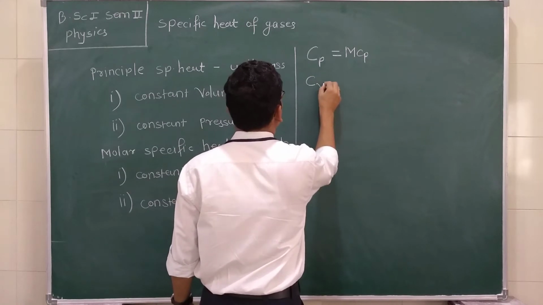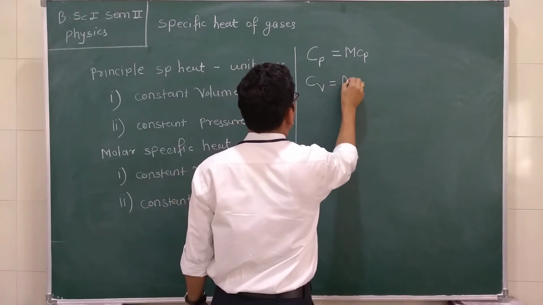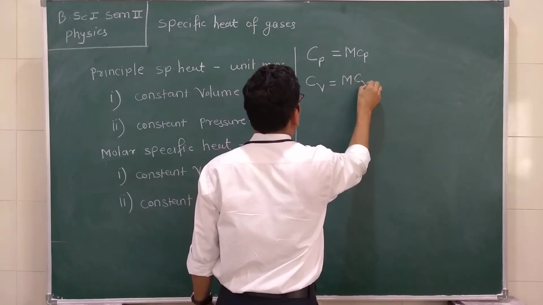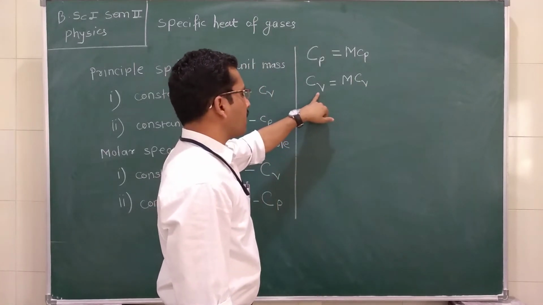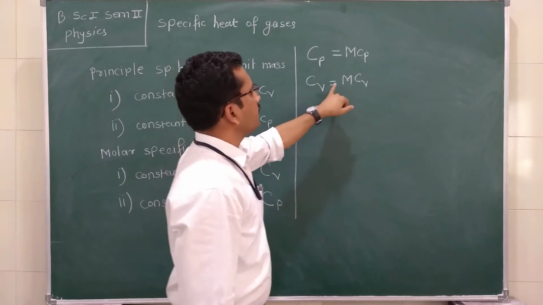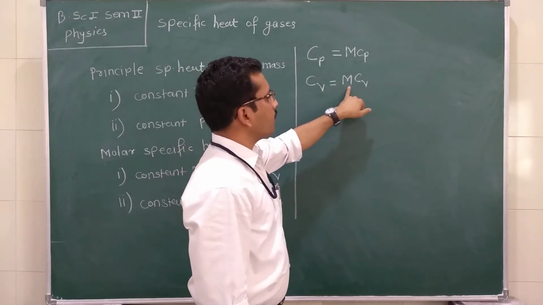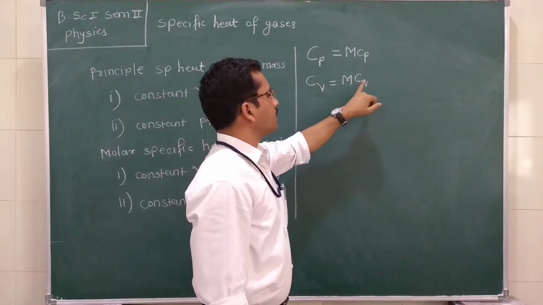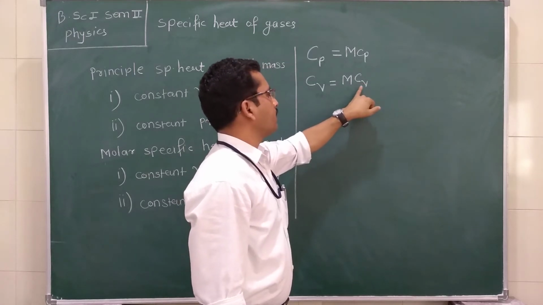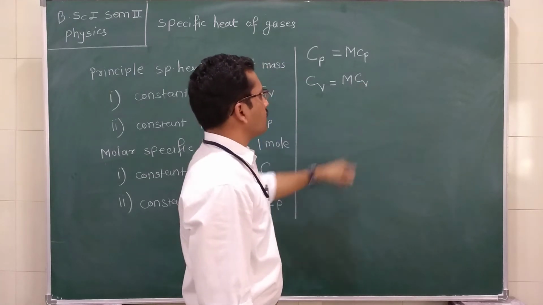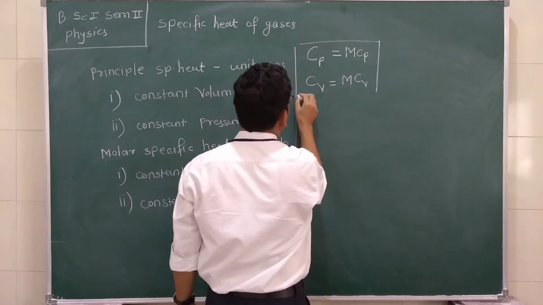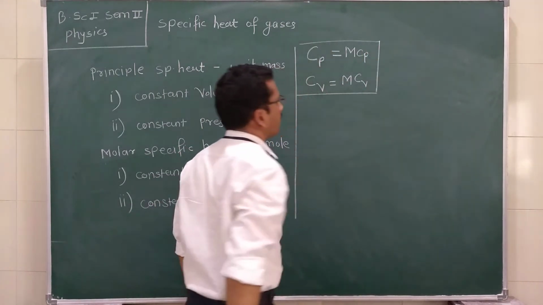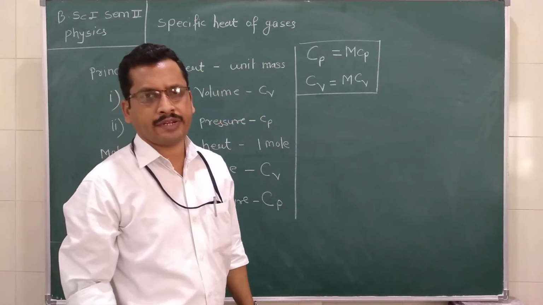Similarly, Cv is equal to m multiplied by cv. This is molar specific heat at constant volume, which is equal to molecular weight of the gas multiplied by the principal specific heat at constant volume. So these are the two relations between the principal specific heat and the molar specific heat.